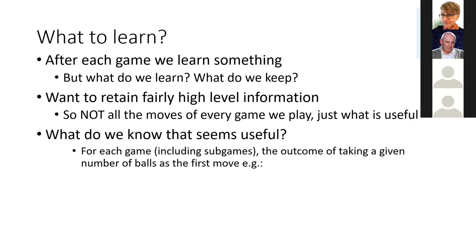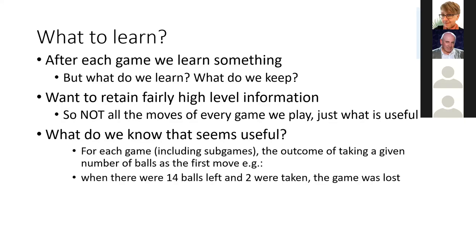Well, what seemed to me, going back to the original thoughts, was that when we have a particular number of balls to start with, and we make a particular selection, either we take 1, 2, or 3, we know at the end whether we've won or not.